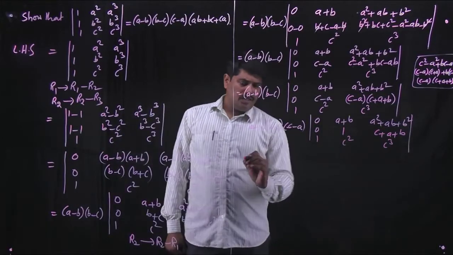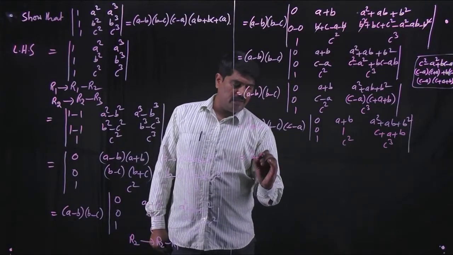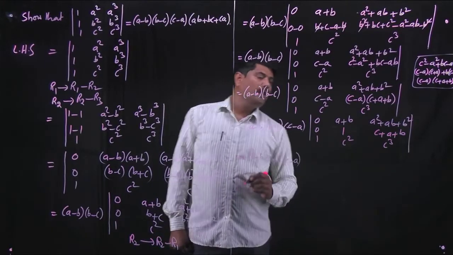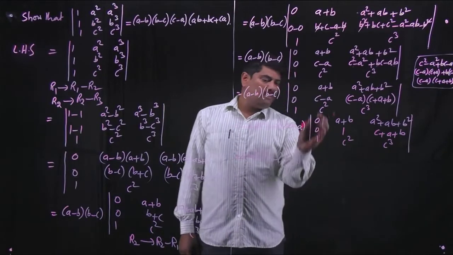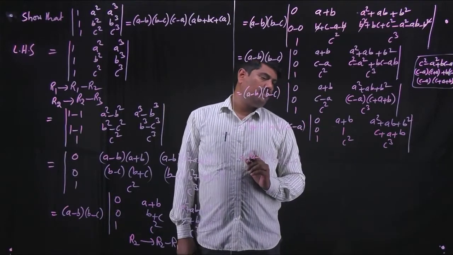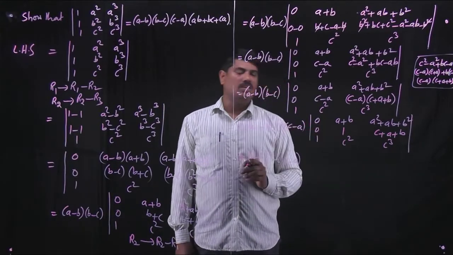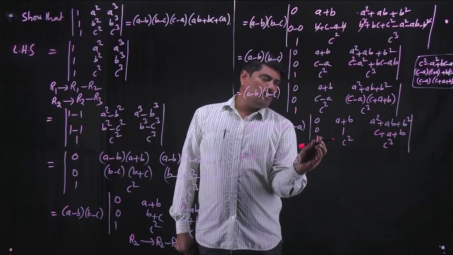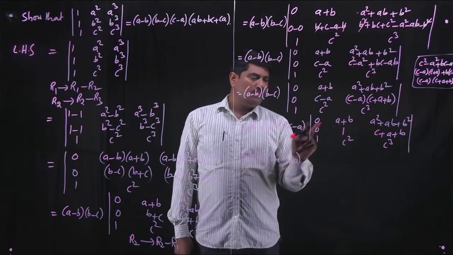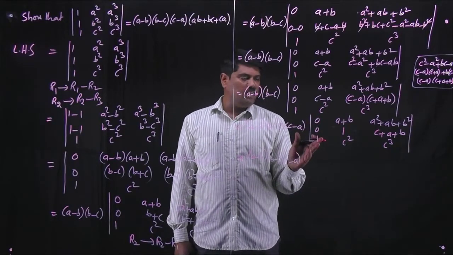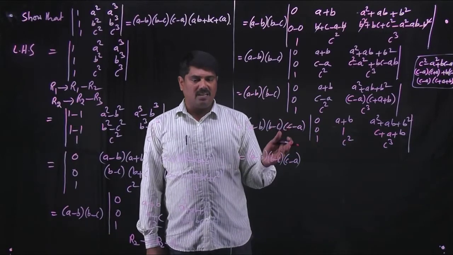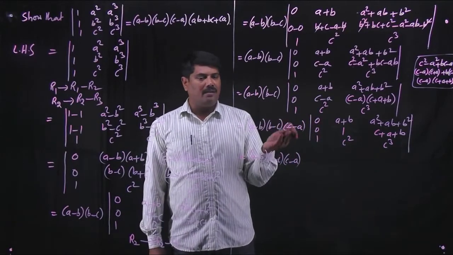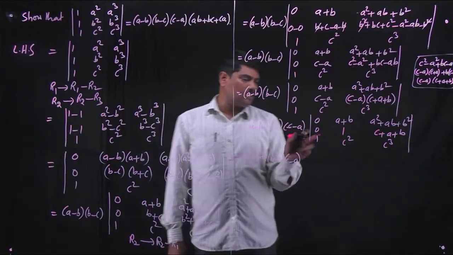Now it is easy to find the determinant of the remaining part, A minus B, B minus C, C minus A, and I am expanding this from the first column. Why? Because you have two zeros in the first column. So this determinant will be 1 into its cofactor only. As per the definition of the determinant of a matrix, elements of any row or any column are considered and multiplied with their cofactors.